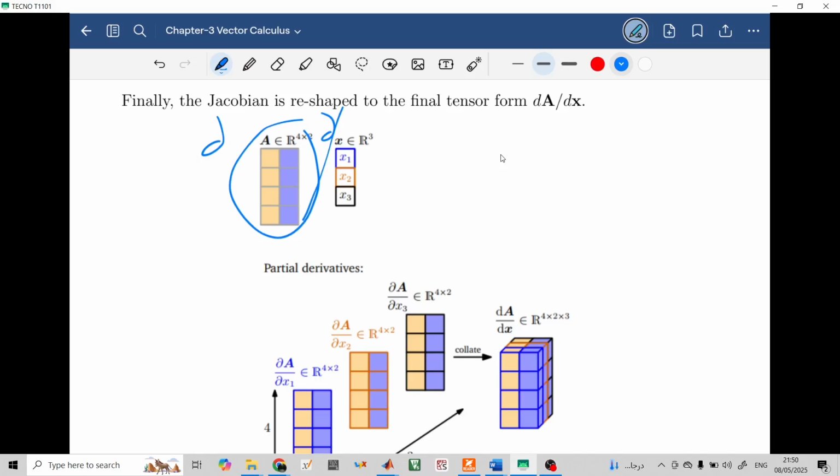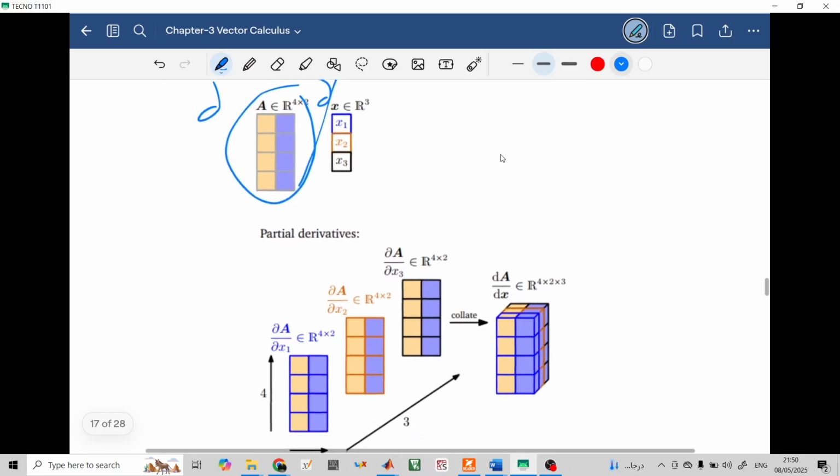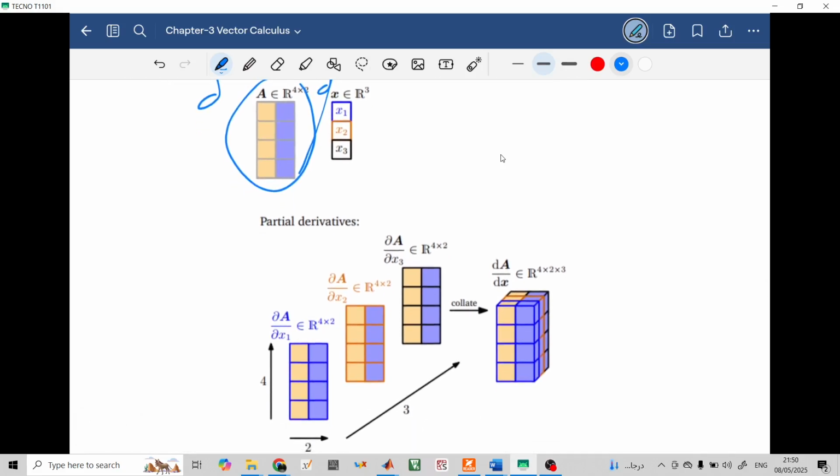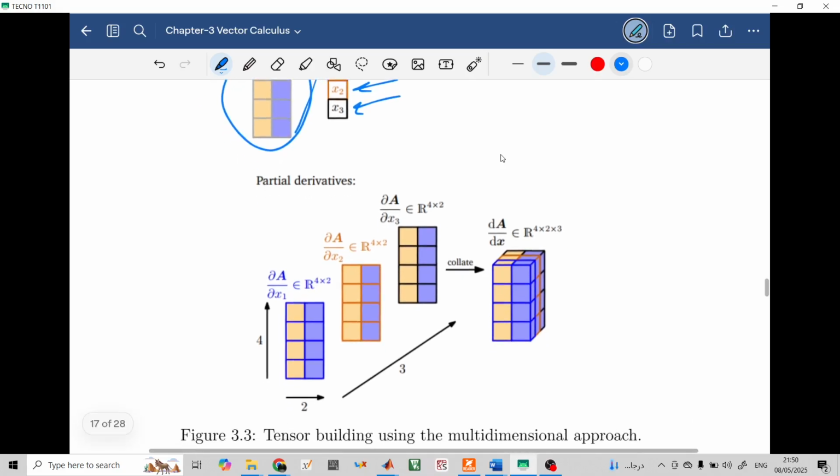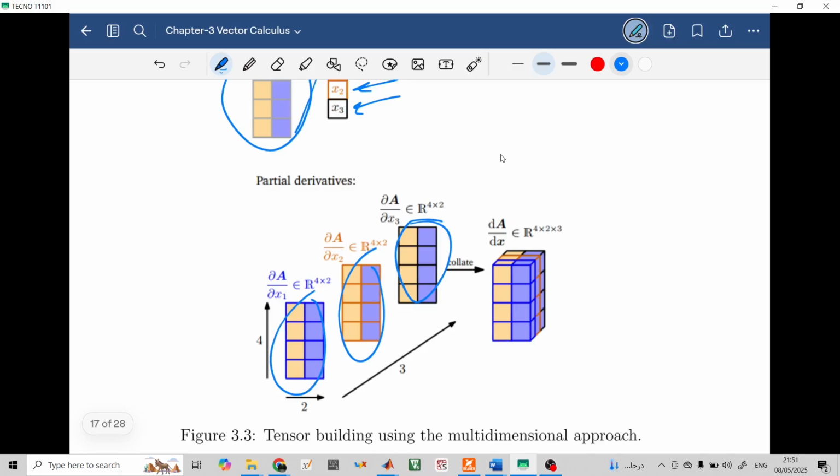Okay, so there are two ways to find this Jacobian, which is the first order derivative. The first direct method is to take the derivative with respect to each element x1, x2, and x3. The derivative of A with respect to x1 is a 4x2 matrix. Then the derivative of A with respect to x2 is another 4x2 matrix, and similarly the derivative of A with respect to x3 is a 4x2 matrix.